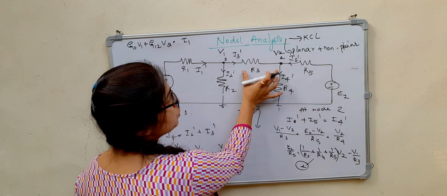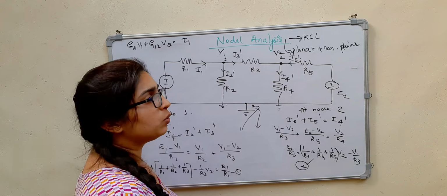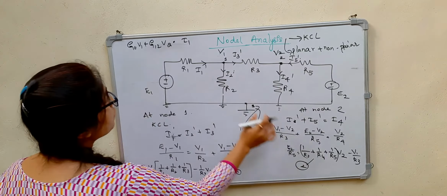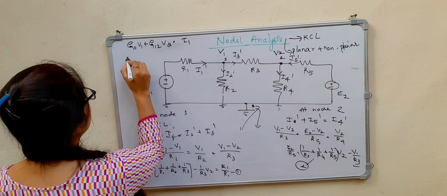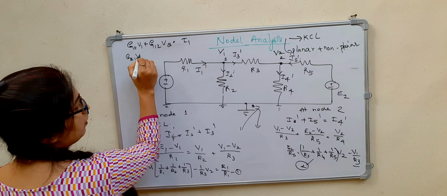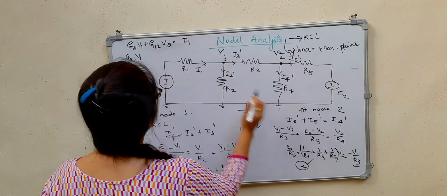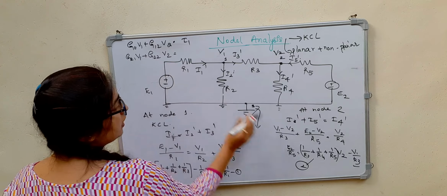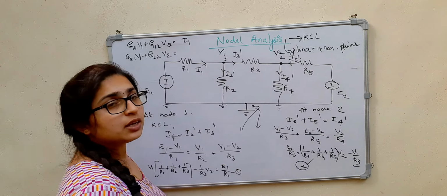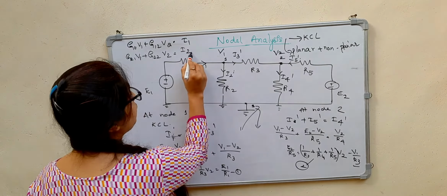That is the mutual conductance between node 1 and node 2, that is always negative. So we can consider that as G21 V1, and this is G22, the sum of conductances, that is equal to E2 by R5, that will be equal to your current I2.